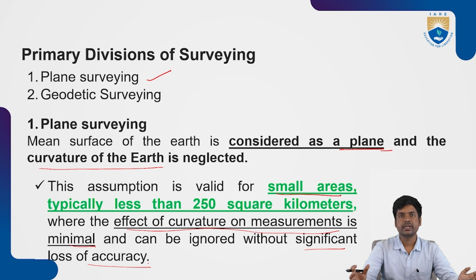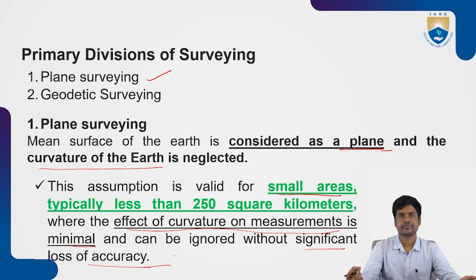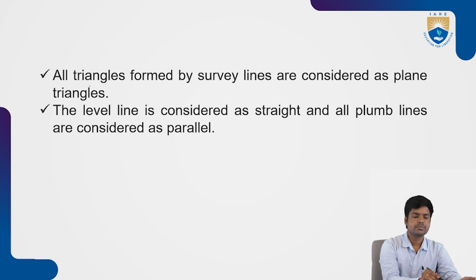Whenever the area is small, the effect of that curvature will be very, very minimum and it is ignored without any significant loss of accuracy. So the error in the accuracy is also very less. That is why we are going to ignore those errors in the plane survey. One more assumption is that all triangles formed by the survey lines are considered as plane triangles.